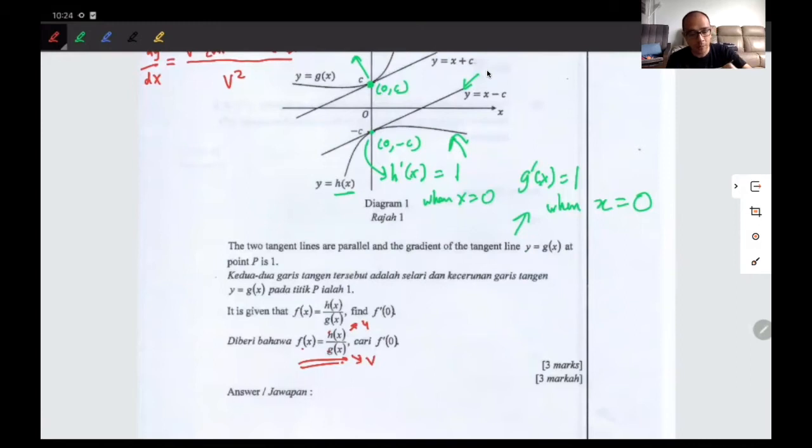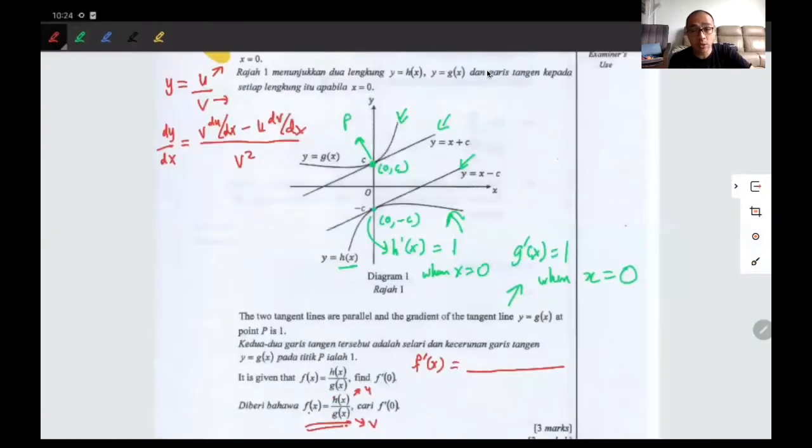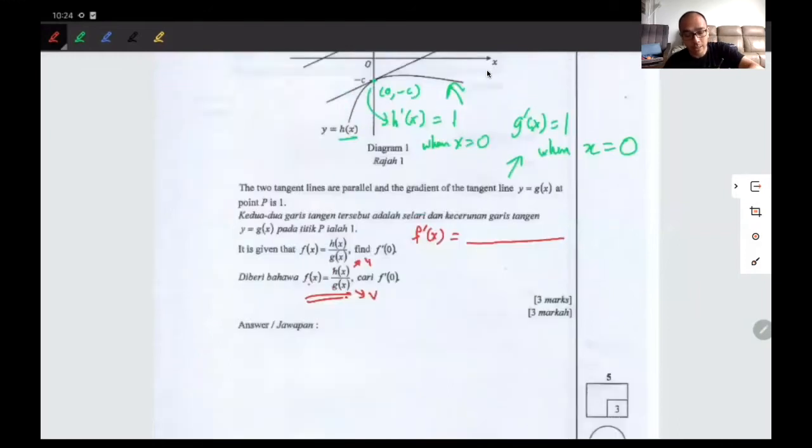Now, if I'm going to do that, I'm going to get f prime x first. Equals to, the bottom is v squared. That means I'm going to get g(x), the whole thing, squared.